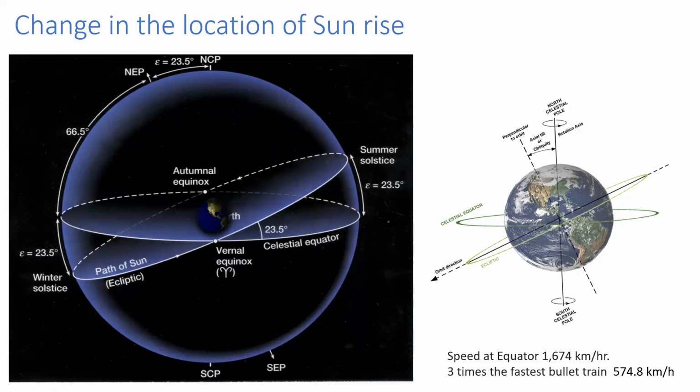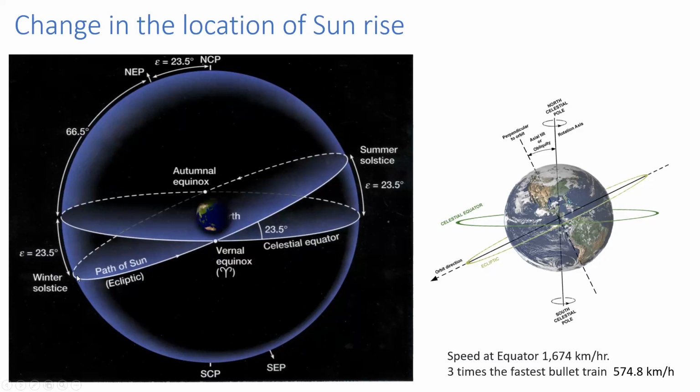But actually the path of the sun is tilted. So instead of saying the Earth is tilted, let us say the plane of the sun is tilted. This is the path of the sun, and this is the plane of rotation of the Earth.